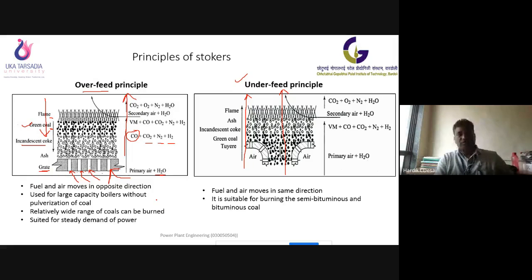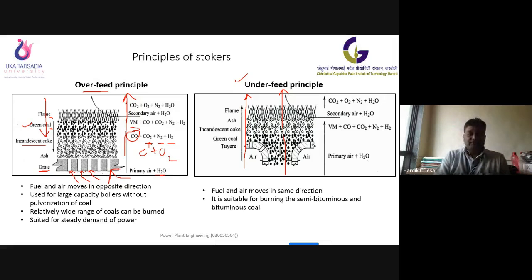Now how will this carbon dioxide be formed? We all know there is carbon inside the coke. The carbon will react with the oxygen of the air, and we will have carbon dioxide. Further, from this incandescent coke and green coke, we will have the volatile matters, the volatile particles of the coke.